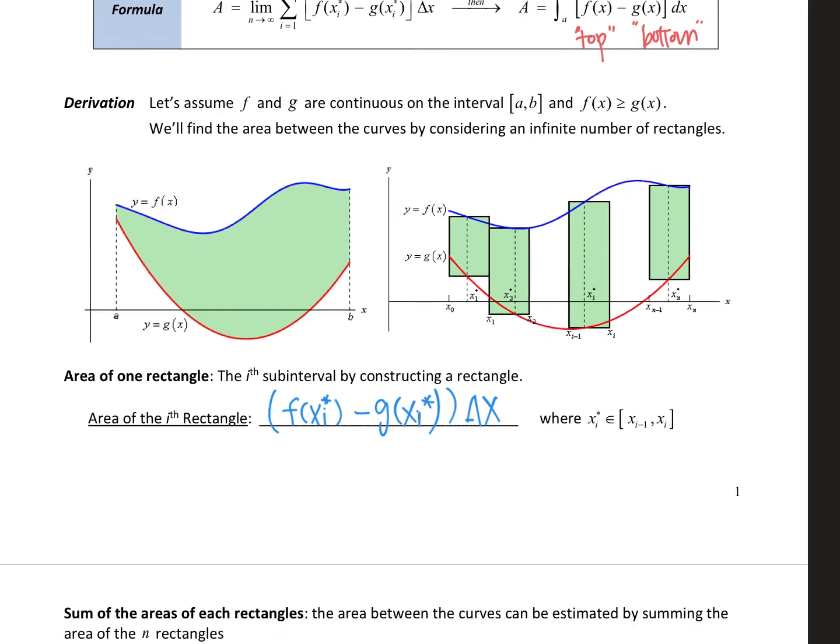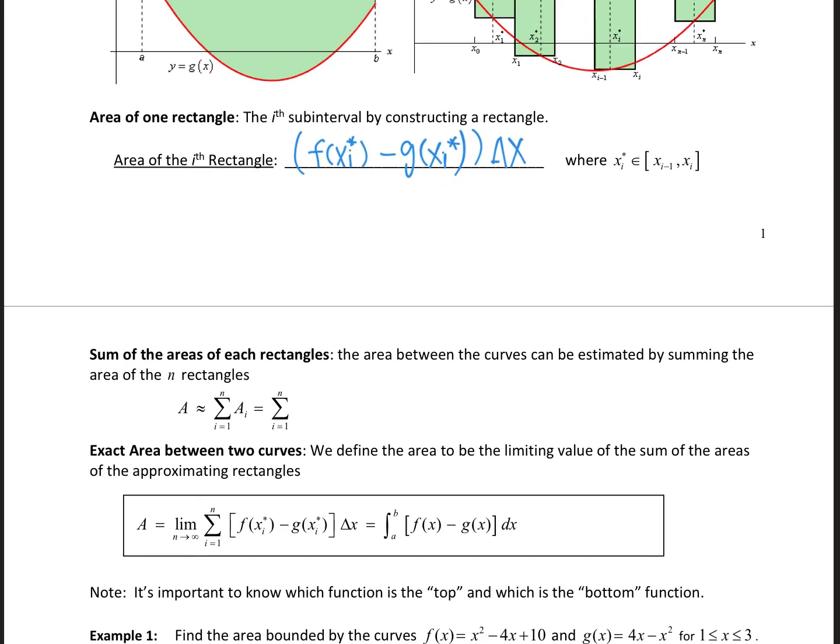Once we have that, we're just adding it up, the sum of the areas. That's one particular rectangle, and we have n of those. So the summation, i goes from 1 to n, of f of xi star minus g of xi star, times delta x.